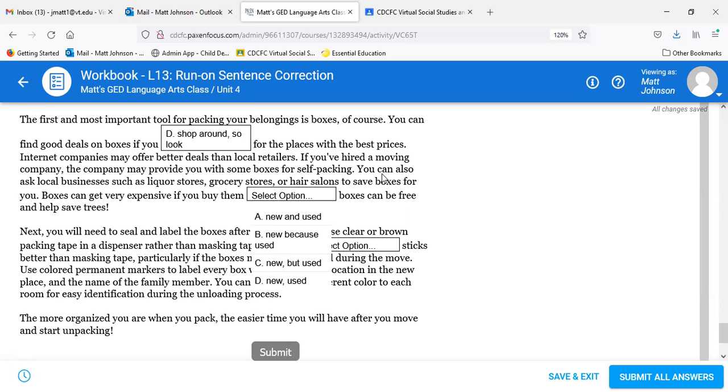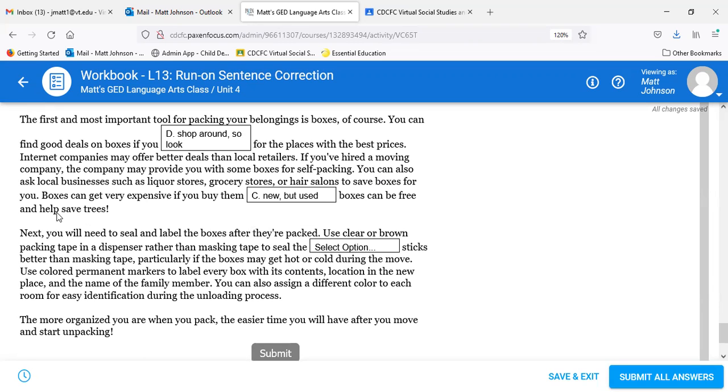If you buy them new and used plastic... Let's see. We need to have that punctuation there, the comma.